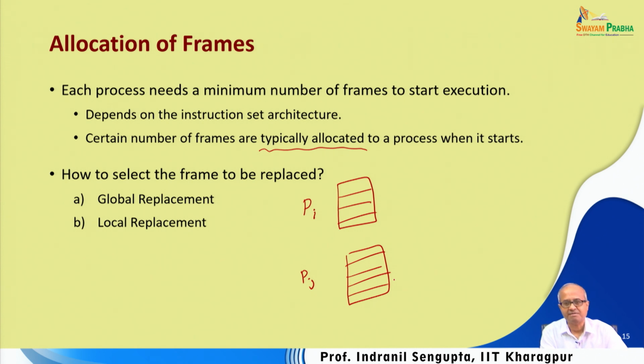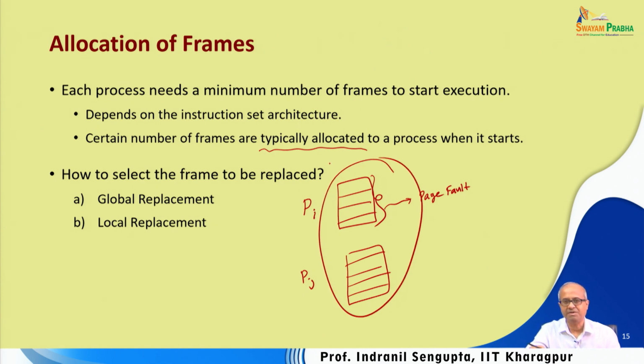Suppose Pi is running and has generated a page fault, so it needs a new page to be brought in. Suppose the memory is full. When I have to select the victim page, how do I select? Do I select a page among the ones currently held by Pi, or do I select the victim among all the pages of Pi and Pj altogether? That is referred to as global versus local replacement. Let us look into that.